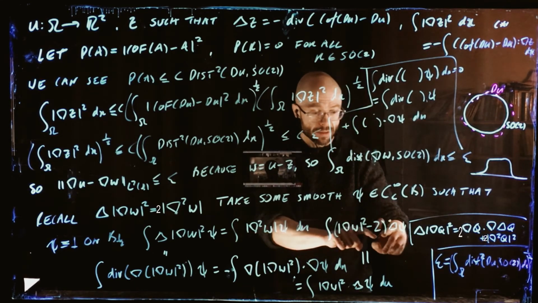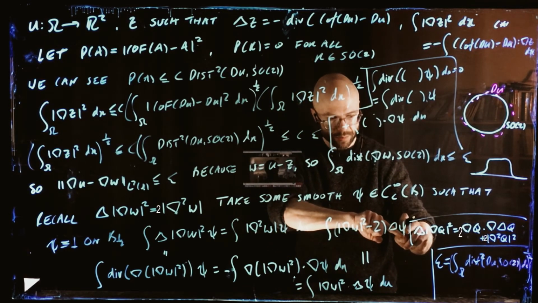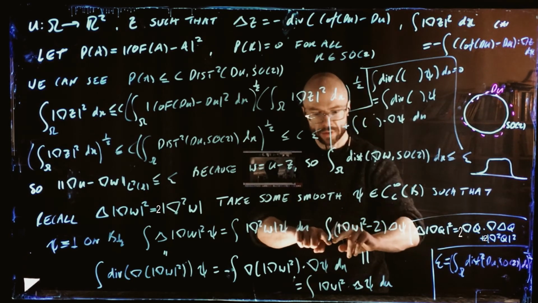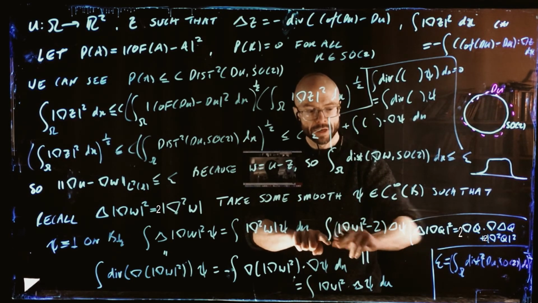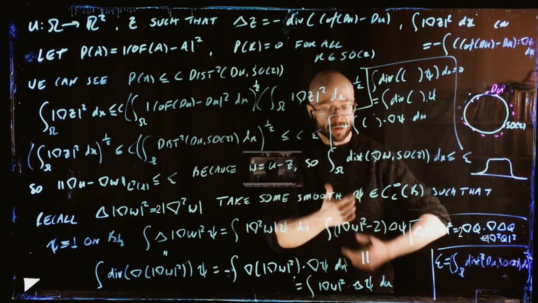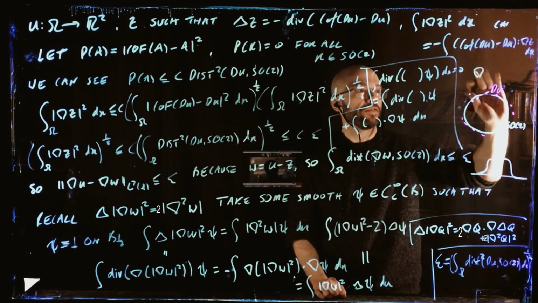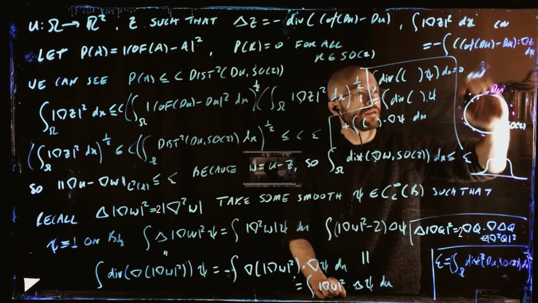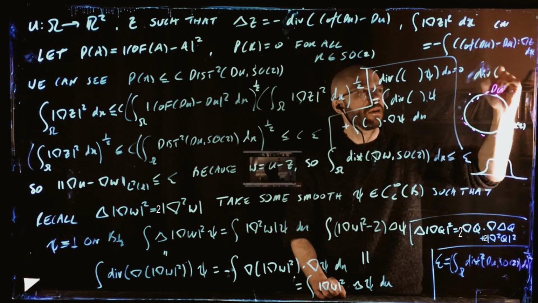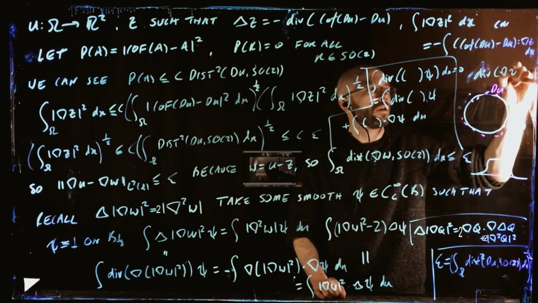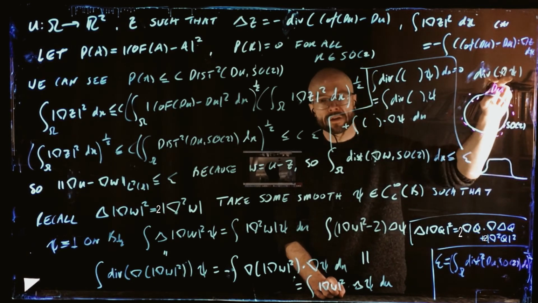And why so? Well, if we just integrate the Laplacian of something of compact support over omega, then that thing will be 0, because what is the Laplacian? The Laplacian is the divergence of the gradient, and the gradient of phi has got compact support.